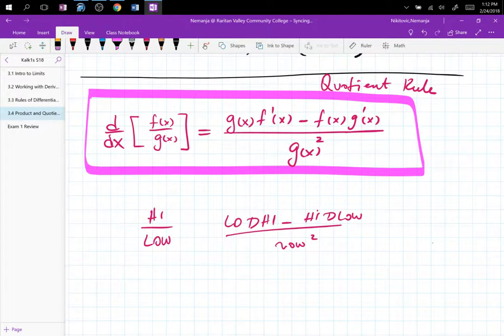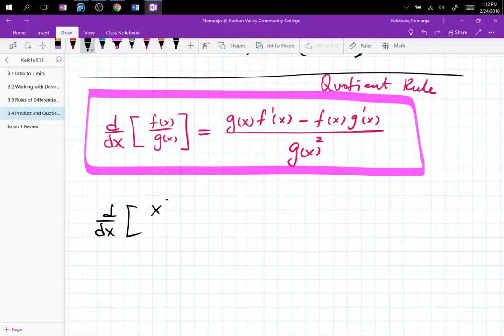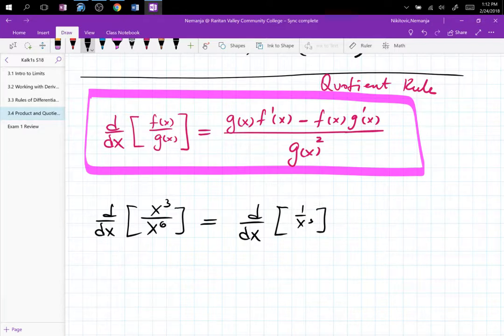The high derivative of the upper, right? The numerator. I don't like it, but you guys might want to use it. So again, it's pointless to use this on, let's say, x cubed divided by x to the 6. Because again, algebra beats us here: simplify everything and then solve a simple problem.